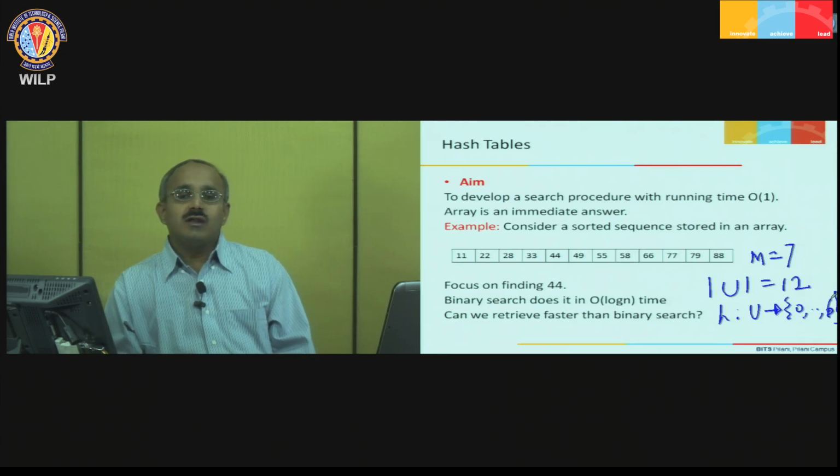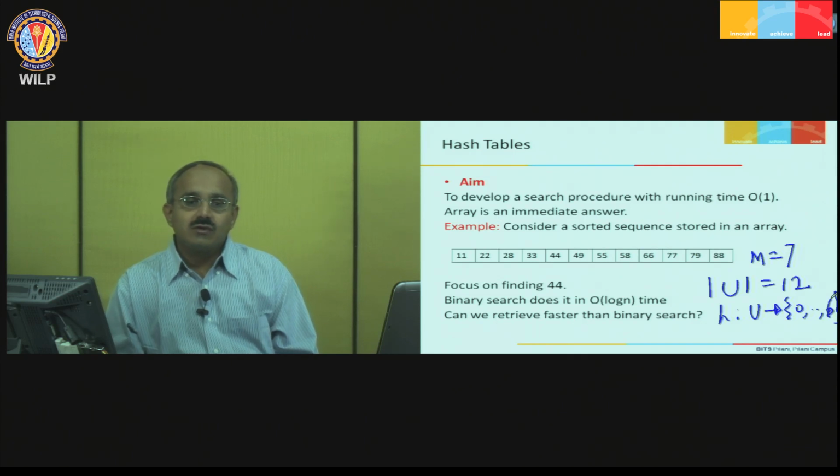Now, there are 12 keys which are going to be mapped to 6 values. So, definitely there are going to be at least 2 keys which are going to be mapped to a single value.